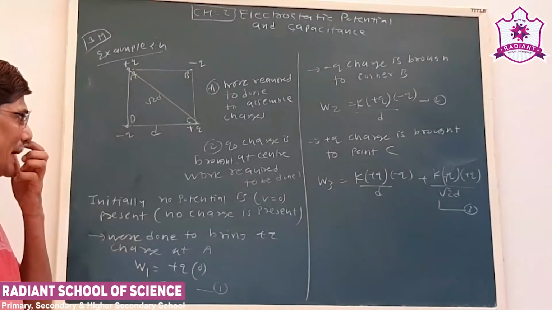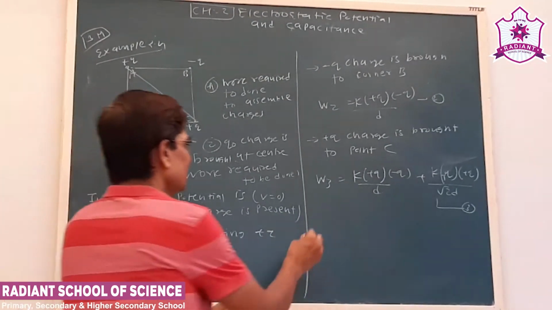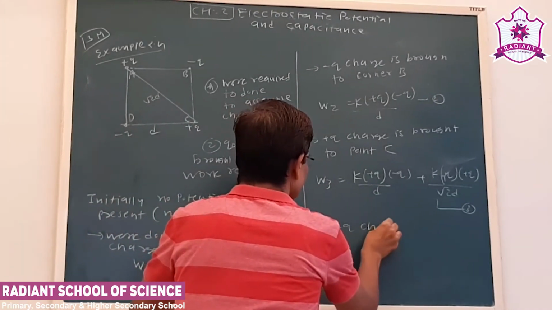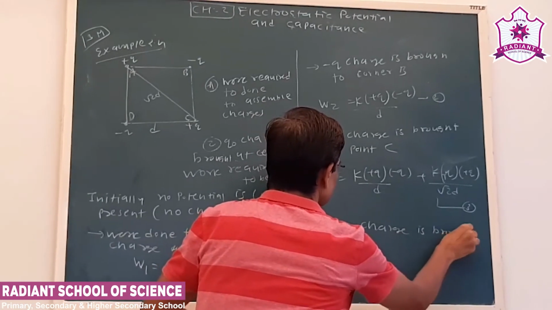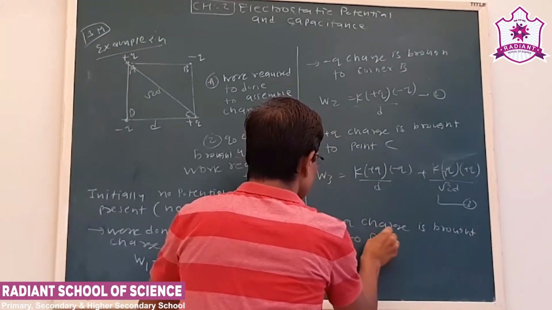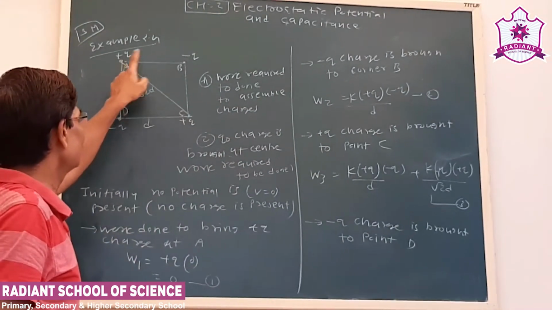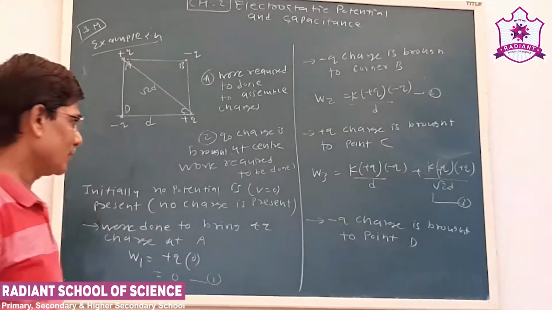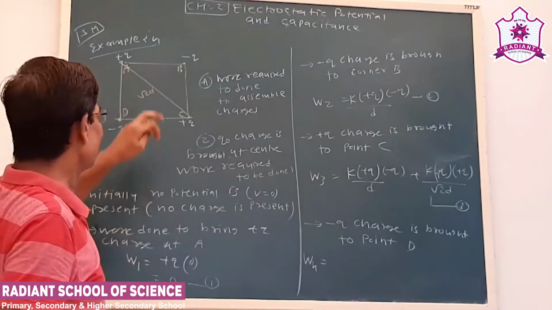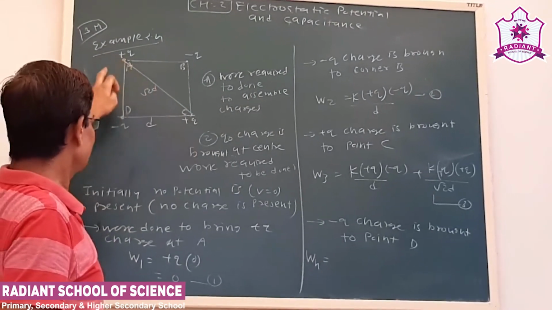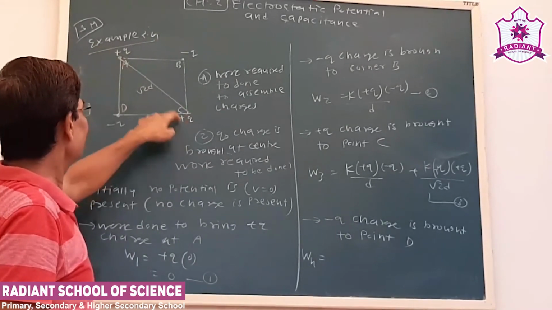Now in the next step, we bring minus Q charge at point D. Minus Q charge is brought. What we can see is that charges 1, 2 and 3 will produce the potential. So W4 is the sum between these charges, between 1 and 2, 1 and 3, and 1 and 4.